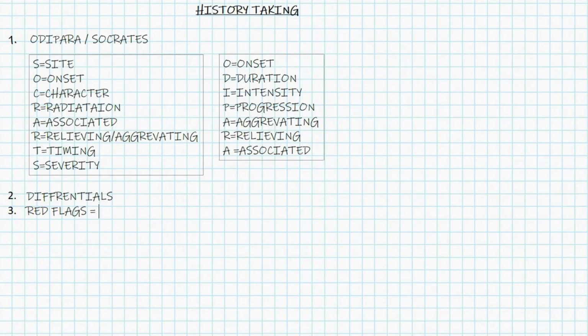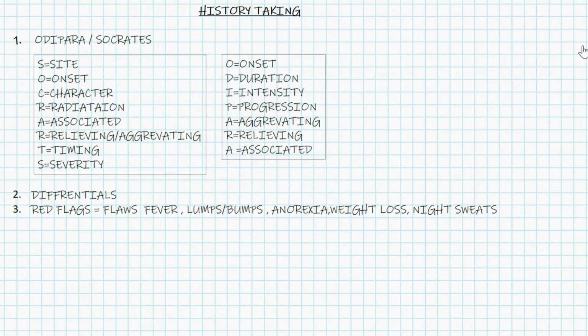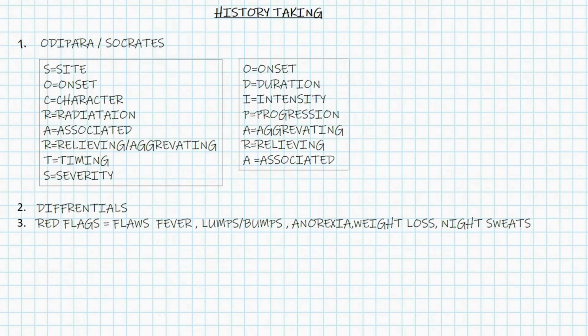There are some conditions in which you have to ask specific red flags, but even if you forget during exam tension, you can always ask FLAWS. What is FLAWS? F, fever, do you have any fever? L, lumps or bumps, or any lymph nodes that they can feel?